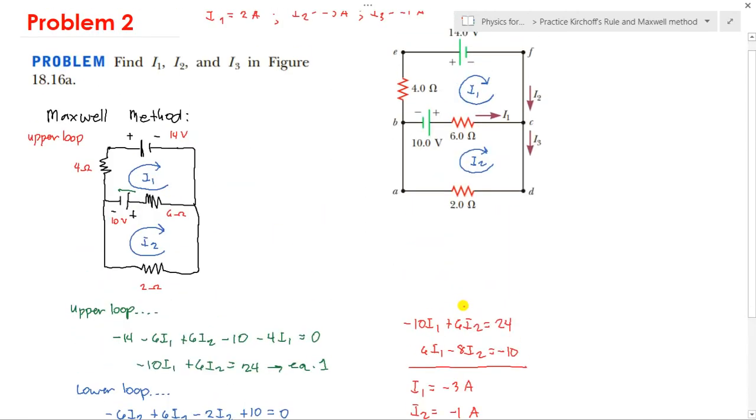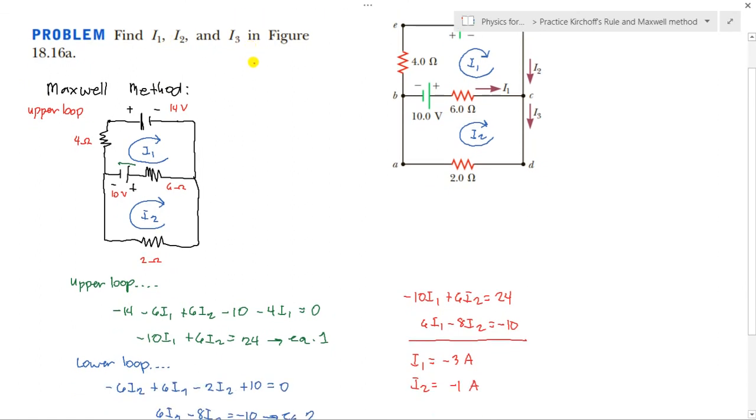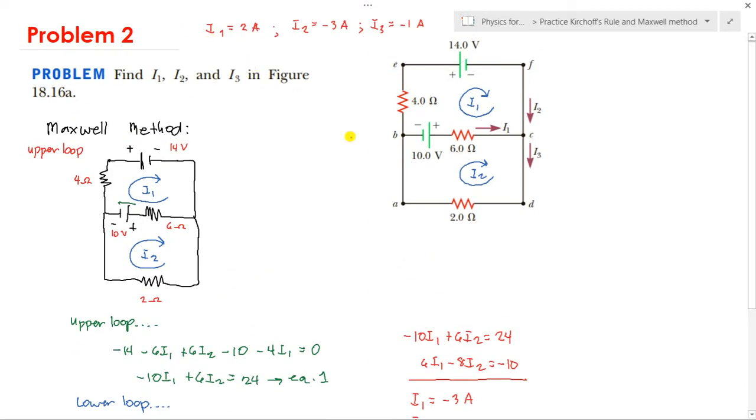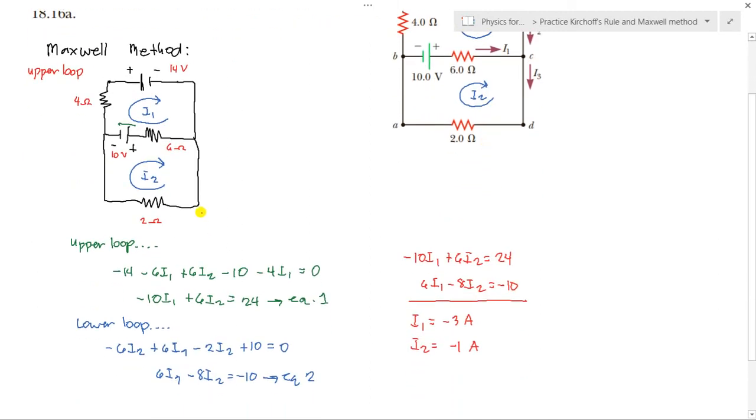So we are getting closer. But how about this I1 of 2 amps? In order to solve for it, I1 is the current that influences the 6 ohm resistor. So what passes through the 6 ohm resistor based on Maxwell?